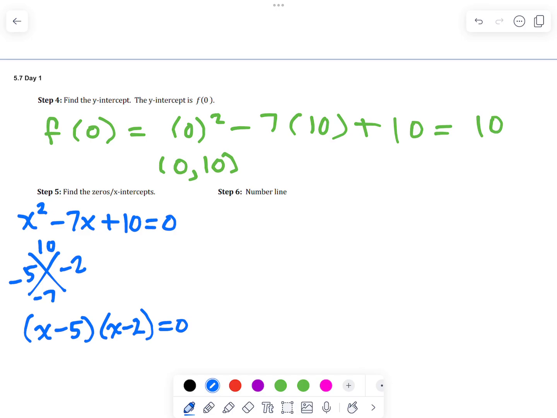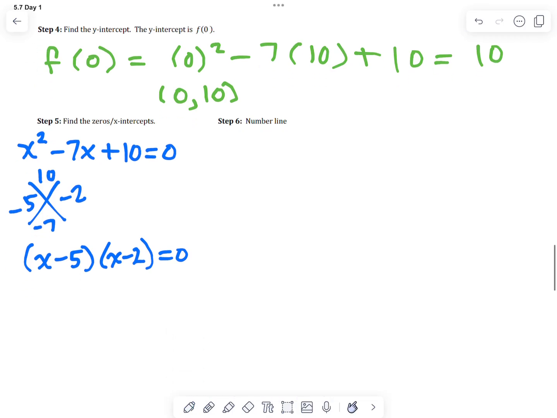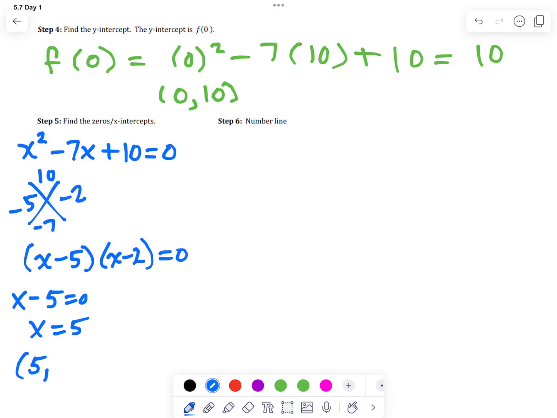Then we would do our zero product property, set the factor equal to 0, and solve for x. So our first x-intercept is 5, 0. Set our second factor equal to 0 and solve for x. Our second x-intercept is at 2, 0.